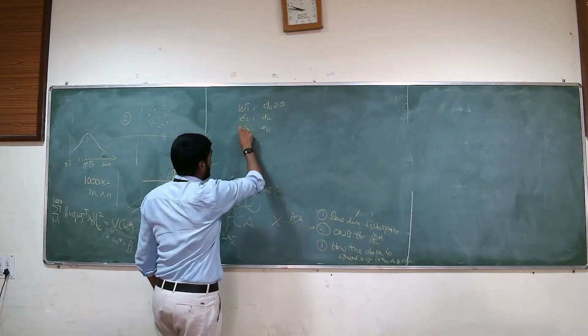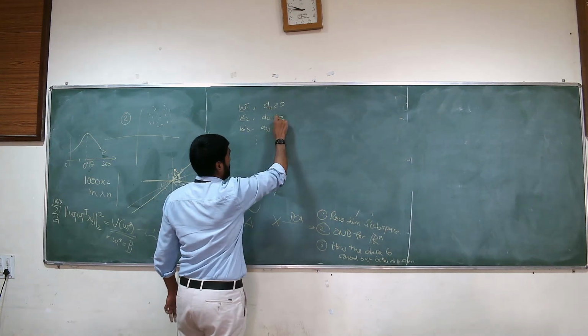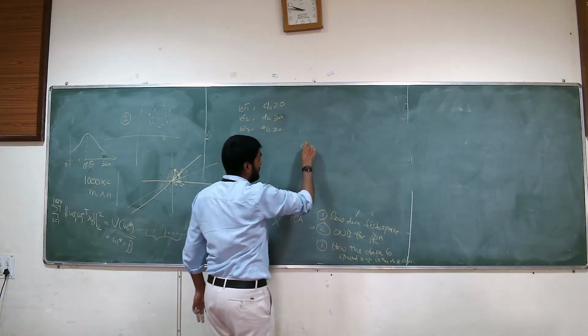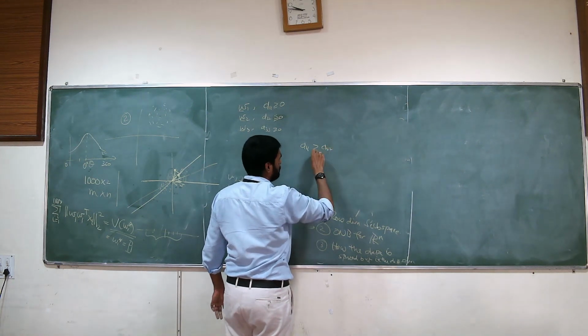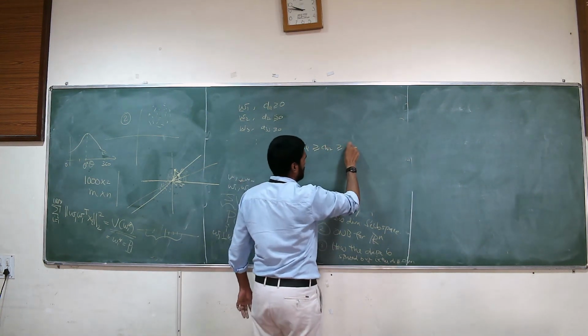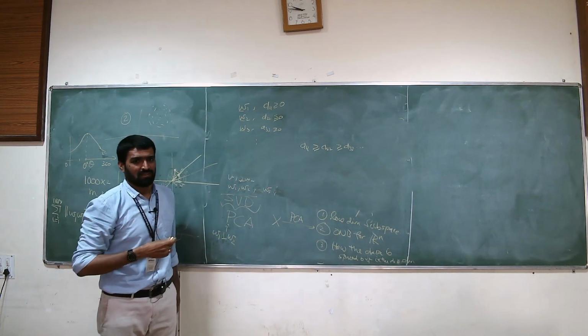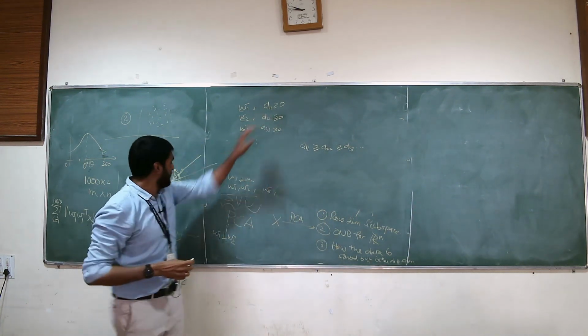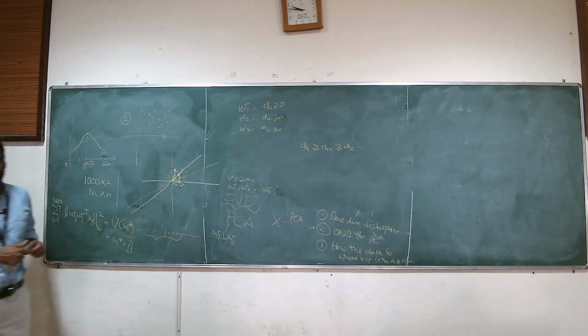Well, we don't know what these directions will be, but we know one thing for sure. That D11 will be greater than or equal to D22, greater than or equal to D33. Right? Why is that? D11 is simply how much the data is spread along my optimal direction.